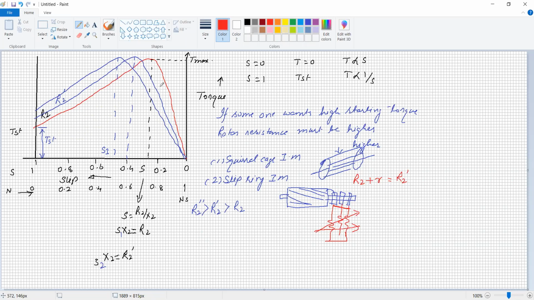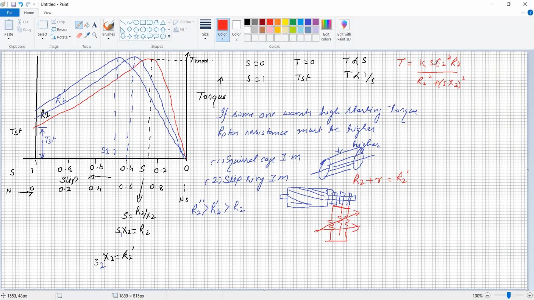Again, I just take this one. This is the maximum, this is the torque. At the starting, the slip value is very small. When the slip value is very small, torque is directly proportional to slip, because the torque equation is T equals K s E2 square R2 divided by R2 square plus (s X2) square. At a small value of slip, the s X2 term is very small, so R2 square cancels with R2, and the resistance of the rotor circuit remains constant for the squirrel cage induction motor.